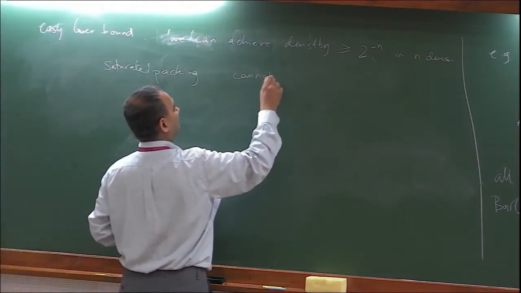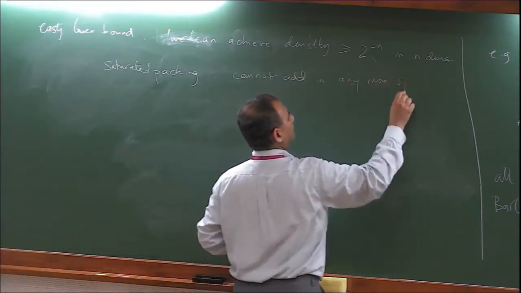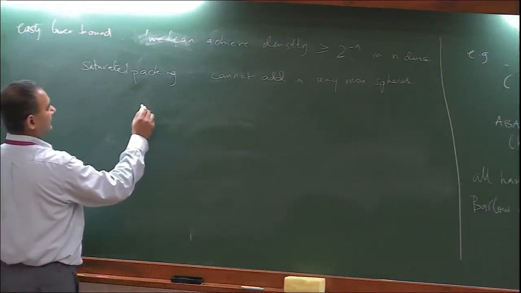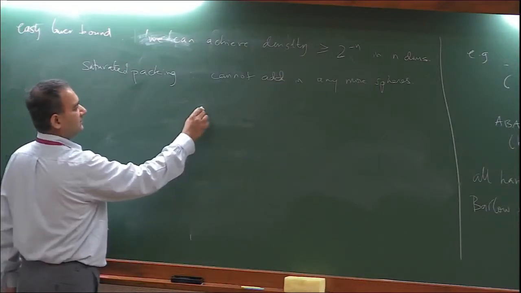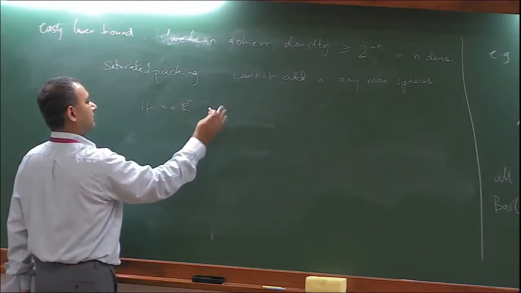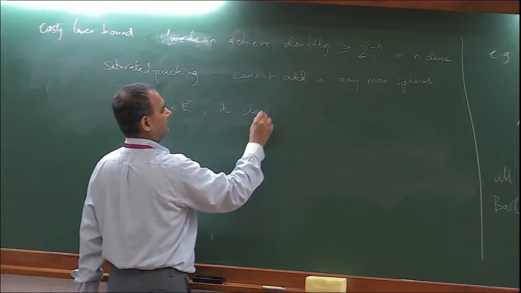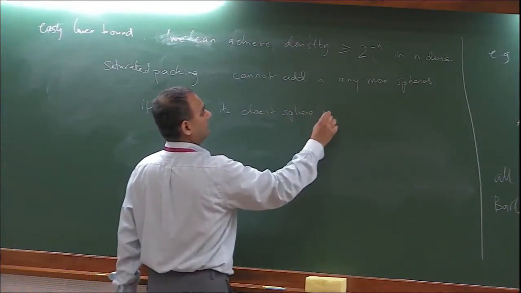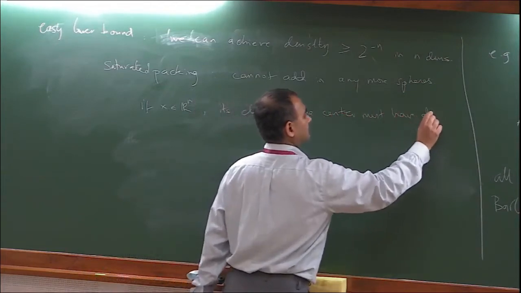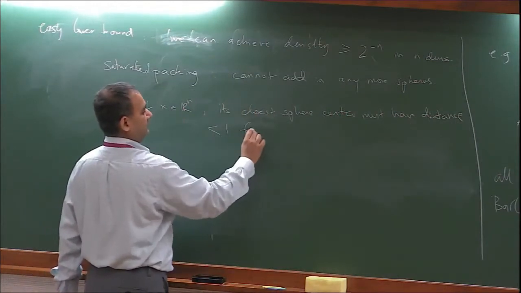Cannot add in any more spheres. Okay, so suppose we have a saturated packing. Then I claim that for any point x in R^n, its closest sphere center must have distance less than 1 from it.